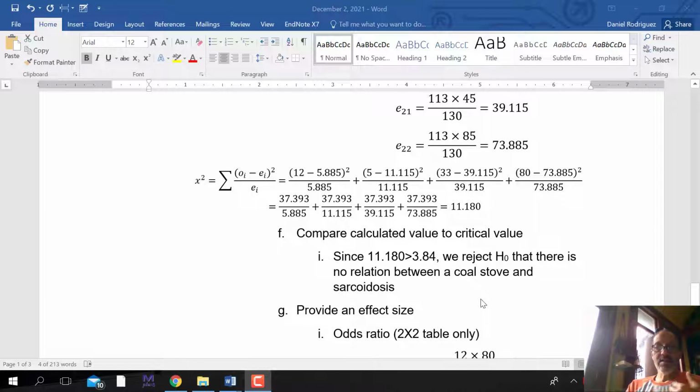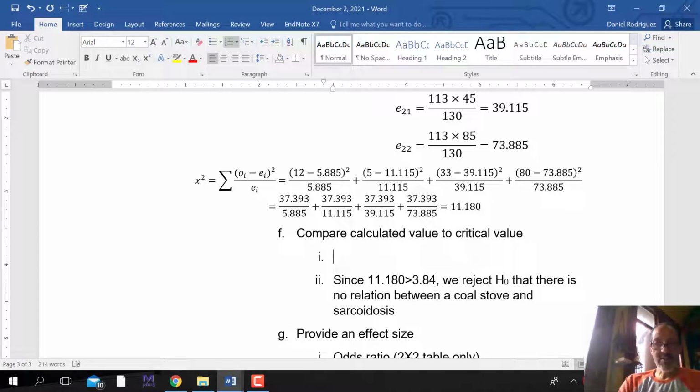So finally we compare it to our critical value, and you should always write down the rejection rule. In my stats class, I teach everybody to write down the rejection rule, or decision. I call it the decision rule.